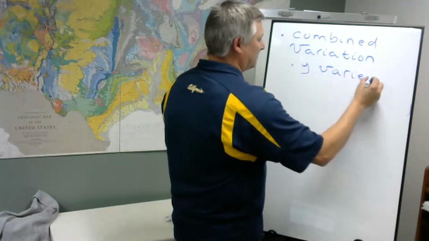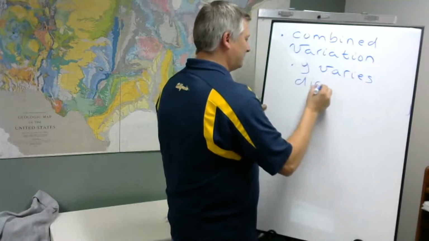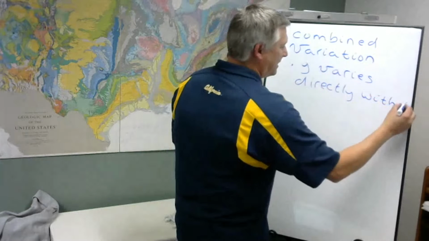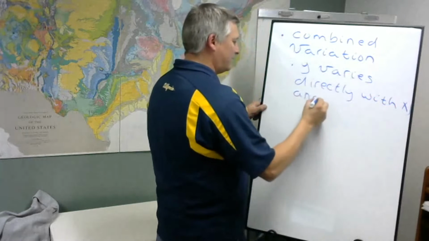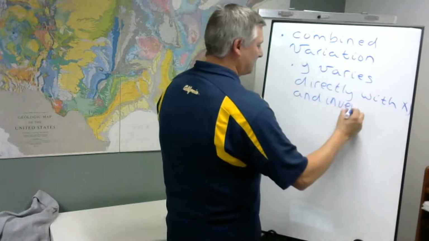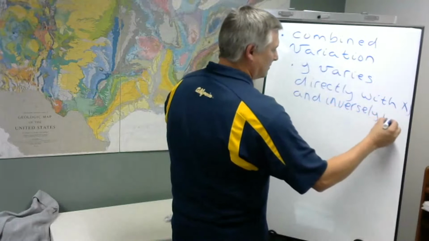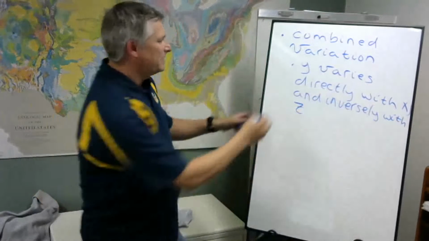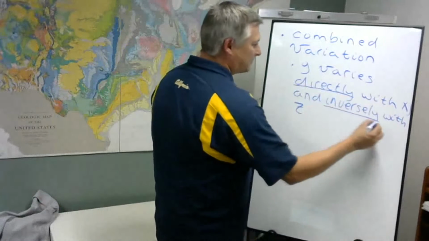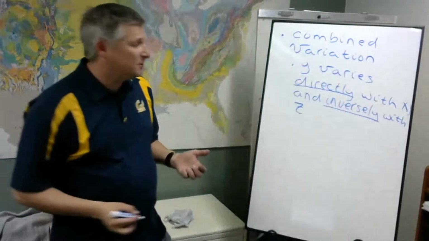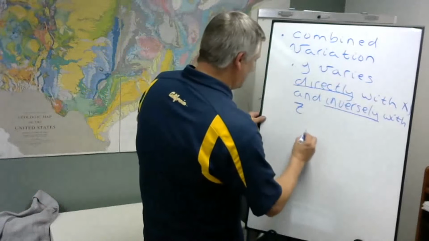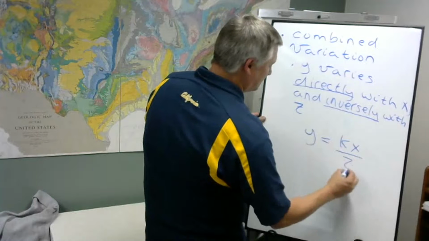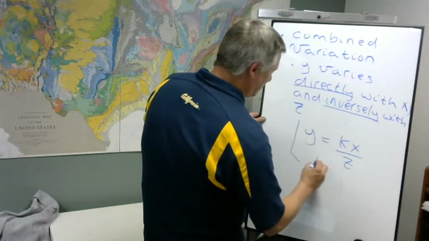Y varies directly with X and inversely with Z. So we get directly with X and inversely with Z. And so the formula we use to set up would be Y equals K X over Z. And again, K greater than 0.